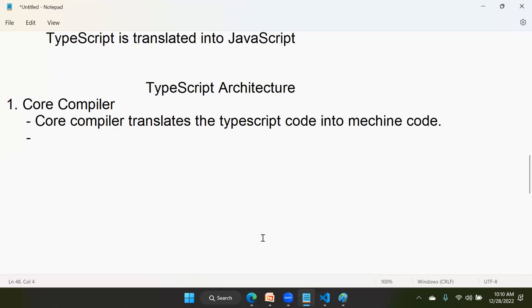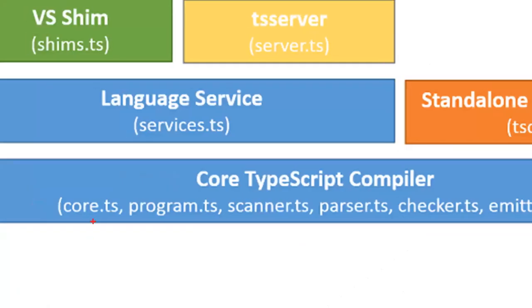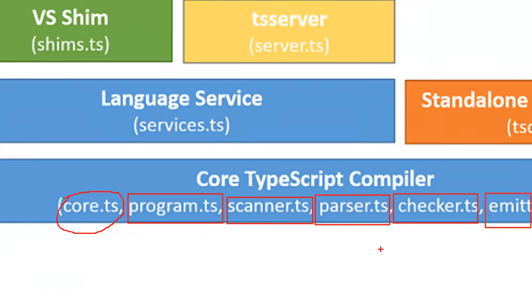You can see inside this core compiler there are so many files. There is core.ts, program.ts, scanner.ts, parser.ts. TS means TypeScript. Checker.ts, emitter.ts. Like this, we have some files. Actually, these files are present inside the compiler.